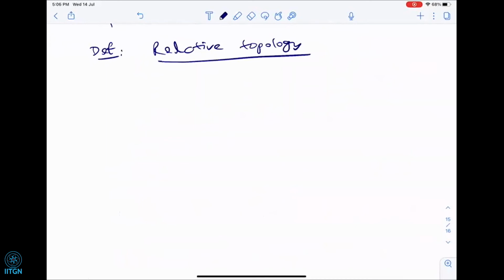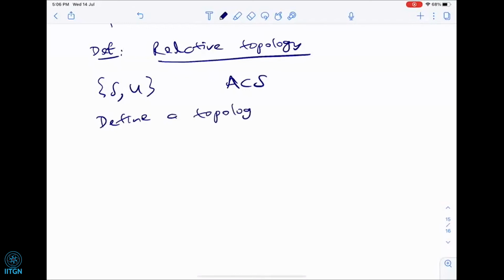Supposing I'm given a topology, which is a set S and a collection of its open sets, and a subset A, which is a subset of S, now I want to define a topology on A. Now A will be my S, so it's a relative topology on a subset of the full set. In physics, you can think, if S was a manifold, A might be a submanifold, something like that.